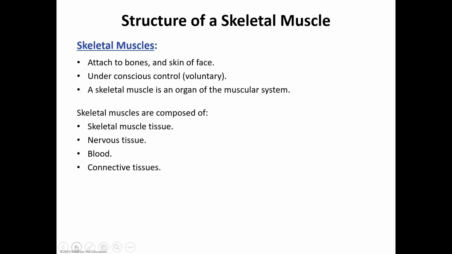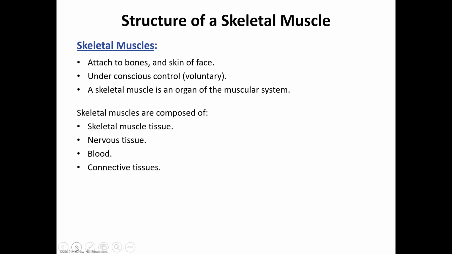Skeletal muscles are composed of skeletal muscle tissue itself, and we'll get into the nitty-gritty of that. There's also nervous tissue. I used to say that muscles are dumb. Probably not a very nice way to describe muscles, but muscles are ready to do what they're told to do, but they will do nothing if they're not told to do anything.